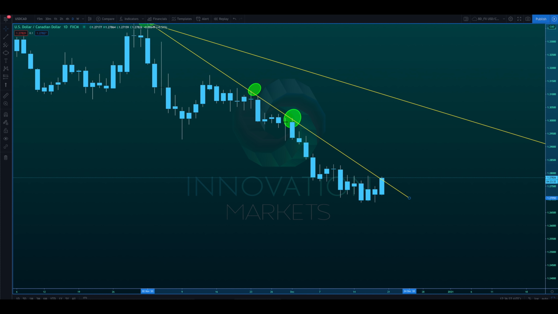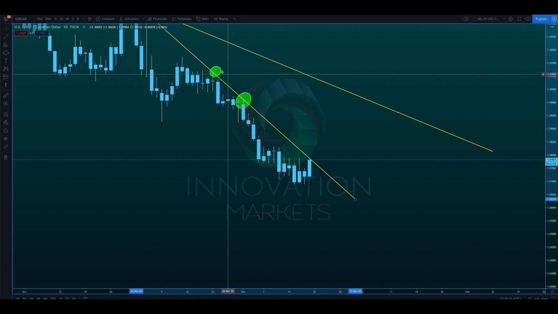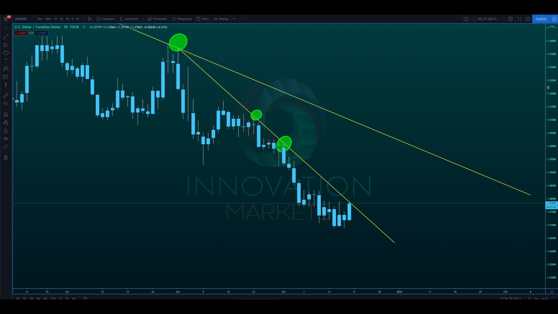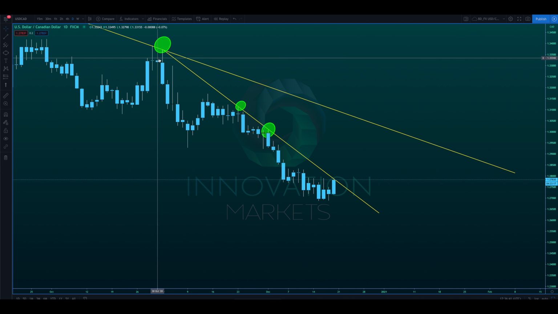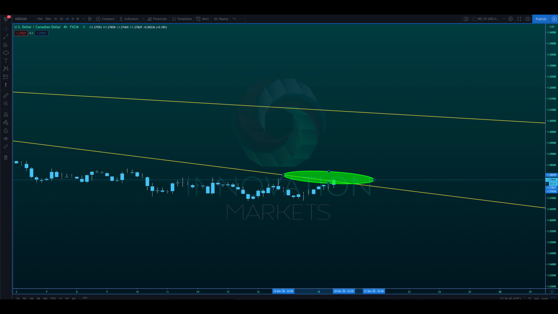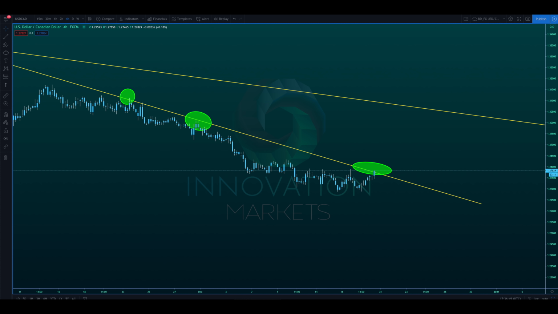Now we're coming back up, which is going to be very, very important for next week, where price is coming back down to test this. So this is what we want to understand as traders. Let me leave that there. We've got point 1 on the outer trend line, point 1, point 2, point 3, and we're coming back for an all-important touch here now as well. So what happens here is going to be important to what we decide next week.